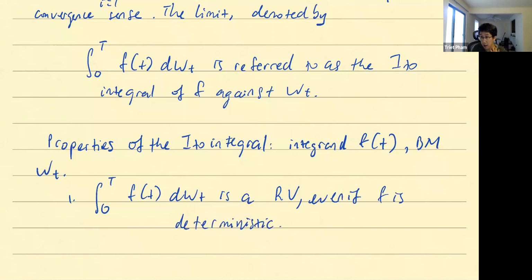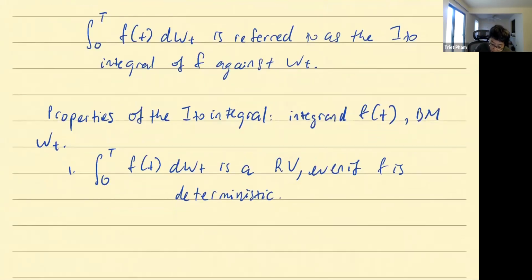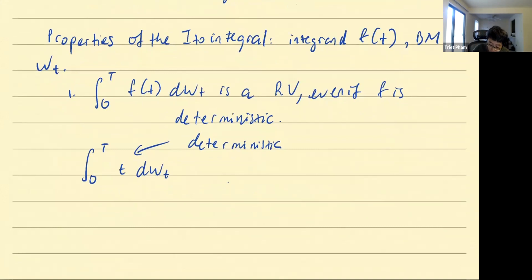Let's clarify what we mean by these letters. The case where f is deterministic is this: you can take the integral of t dWt. Here t is deterministic, because every time you look at the function t, it's the same.